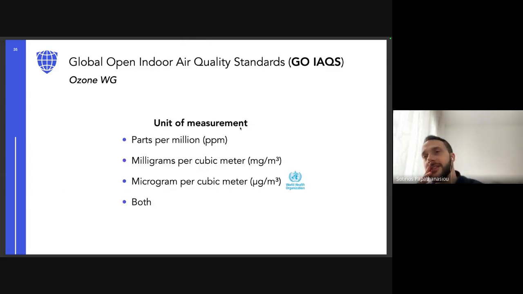And then another thing that we have to discuss is how we are going to measure ozone. I should have included parts per billion here as well, instead of parts per million. But yes, WHO uses micrograms per cubic meter, like for every other pollutant out there. Should we go with micrograms per cubic meter or adapt parts per billion? As the comment also suggested, we are talking about gases, and the conversion in some cases can be problematic because maybe we don't have information like the temperature and atmospheric pressure that represent the gas.